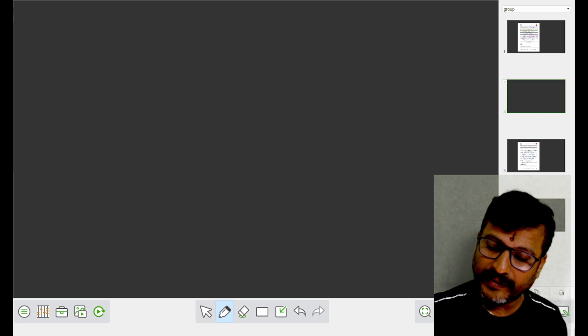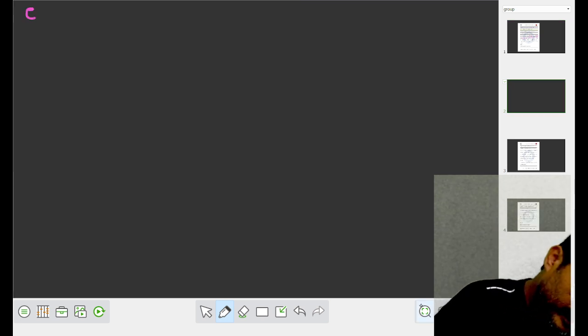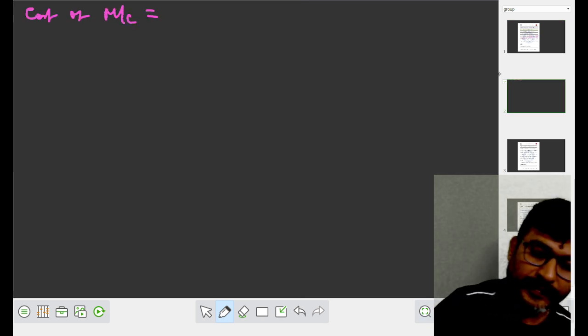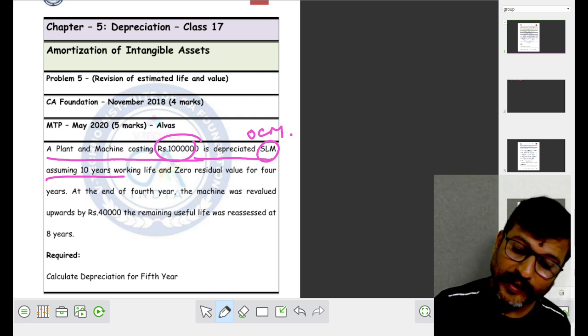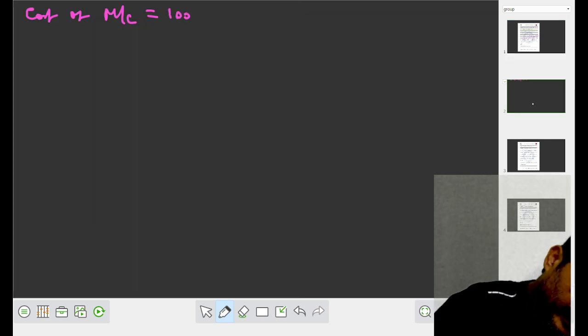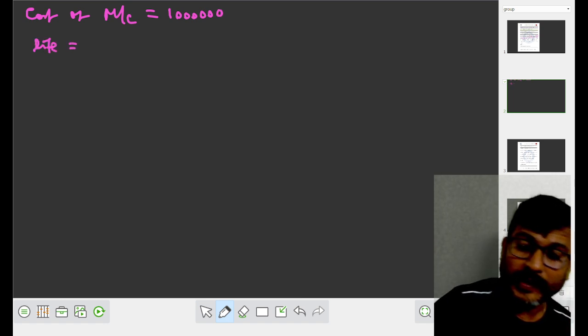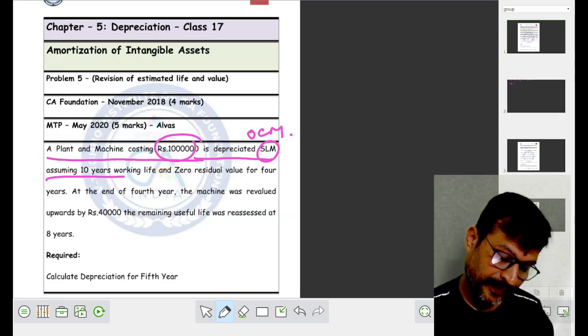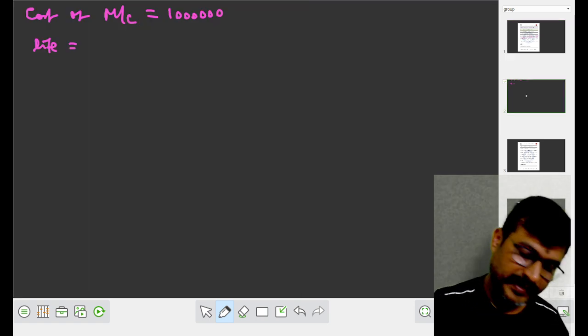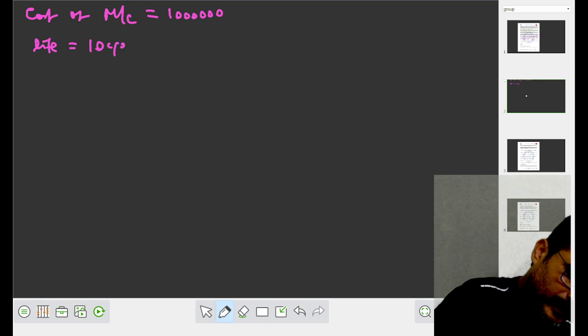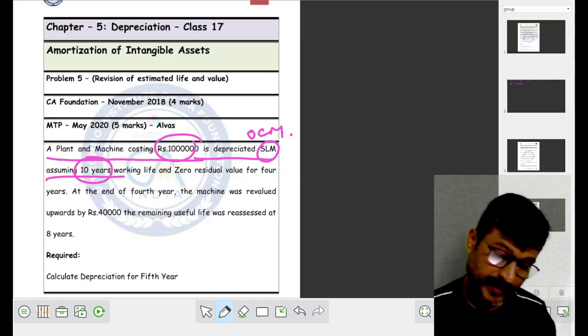Let us have a presentation. Cost of plant and machinery, it is how much? 10 lakh rupees. Life is how many years? Life is 10 years, right?